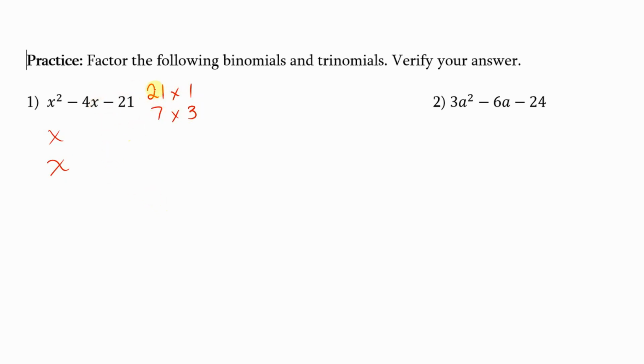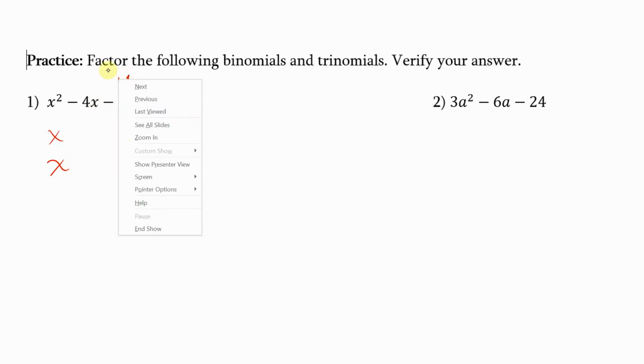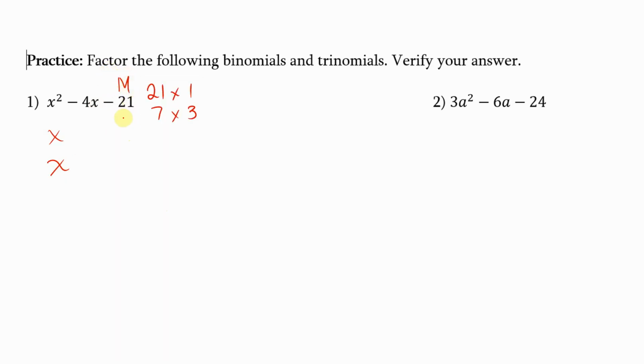So in this case, we want two numbers which are going to multiply together to give us this number and add together to give us this number. So there's no way to make 21 and 1 add together to equal -4. So we're going to choose 7 and 3. And in this case, we need a -4. So we're going to make that 7 negative.